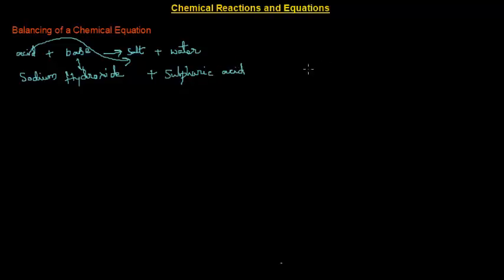What will we get? We'll get sodium sulfate, which is a salt, plus water. The first step is to write a reaction using the formula of each of the reactants and products.